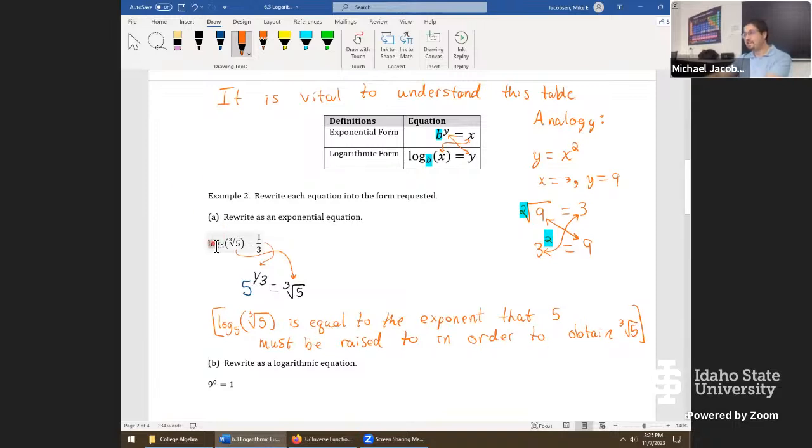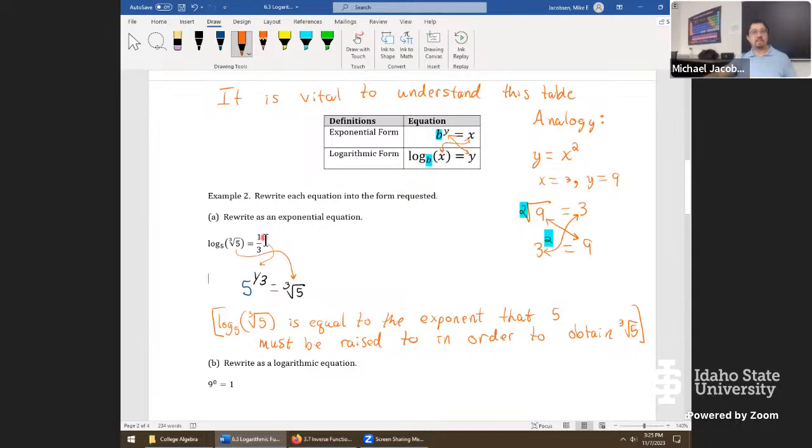But looking at it again, this portion here is saying you have to raise 5 itself to the power of 1/3 in order to get the cube root of 5. So that's just the exponent it's giving you. If the exponent itself is 1/3, then you have to slap on 5 in order to get that cube root.